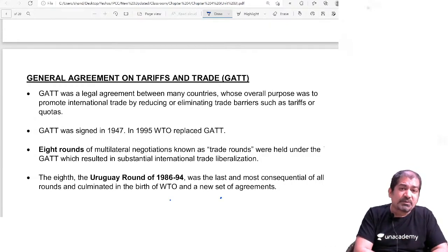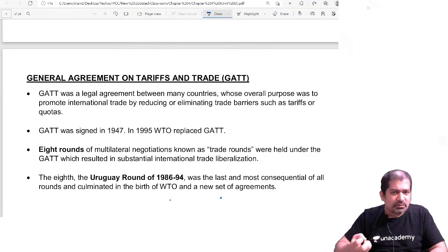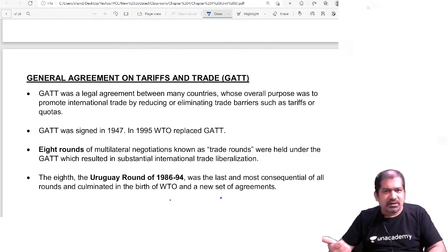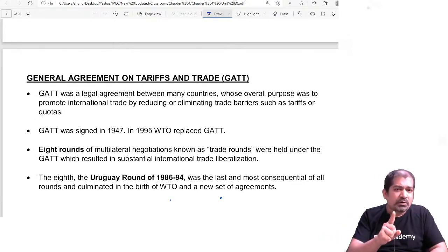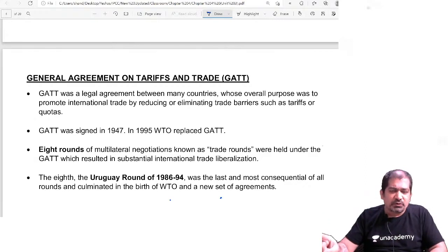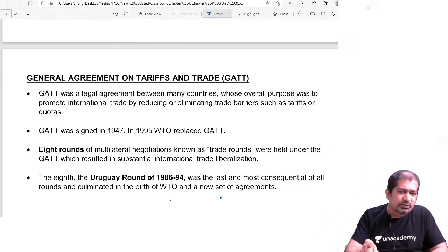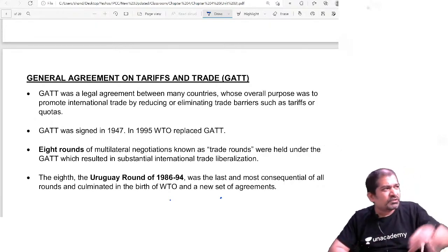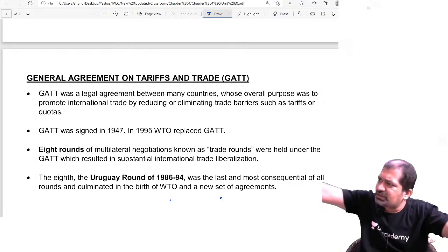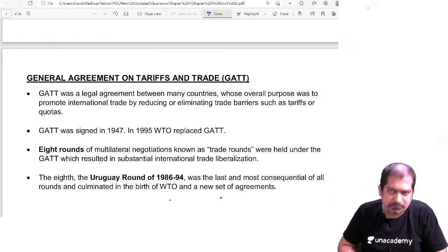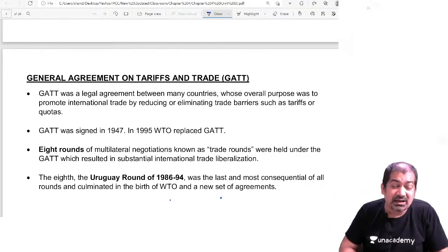Under the national treatment principle, if you allow import of goods into your country from my country, you have to ensure that domestically manufactured goods and imported goods are given the same chance. You cannot dictate that imported goods can only be sold in Bangalore, Chennai and Calcutta, and in the rest of the cities only domestic goods can be sold. You are creating an unequal ground.